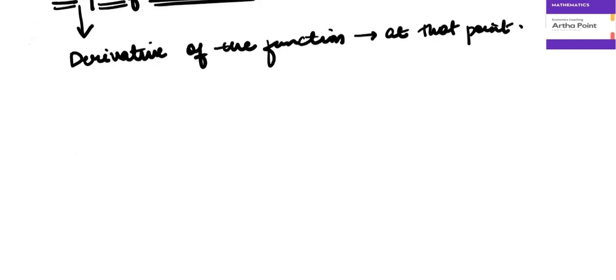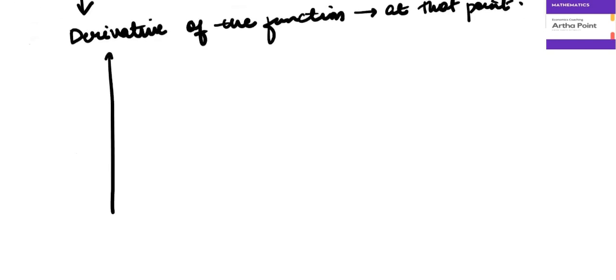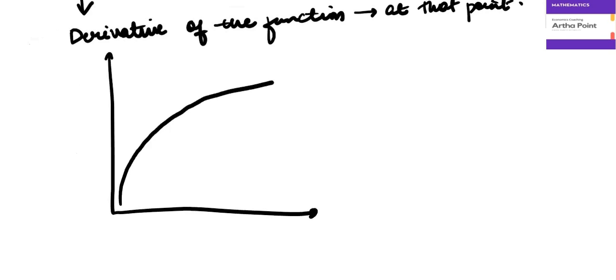So for example, if I tell you that I have this as my curve, and I ask you what is the slope of the curve at point A, what am I going to draw? I'm going to draw a tangent line at point A. Now, when I draw a line which is tangent at point A, ideally this means that I'm trying to find the slope at point A.